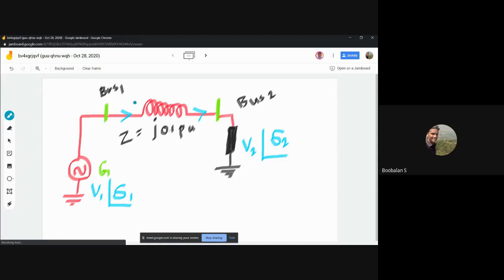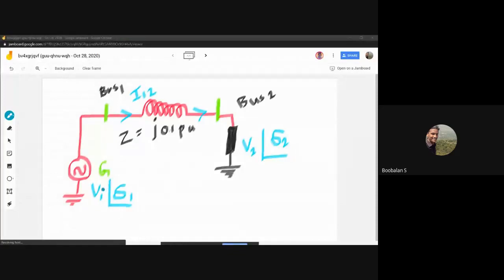And here the current flowing into that network is I, from bus number 1 to 2. That's why the suffix is 1 to 2. That is the current flowing into this network, I12. Right, got the idea? Now we have two questions, two assumptions over here. We have unknown variables V1, V2, del 1, del 2.